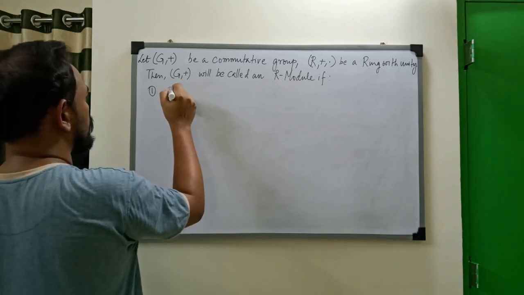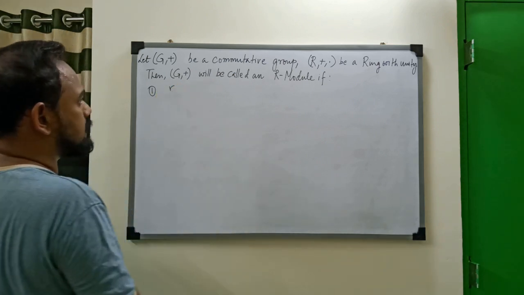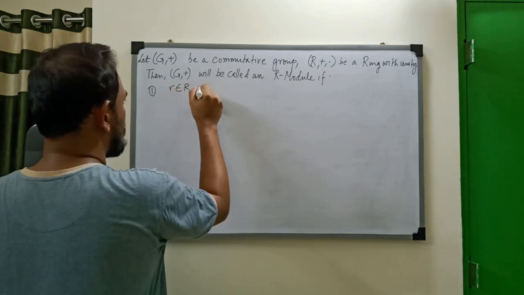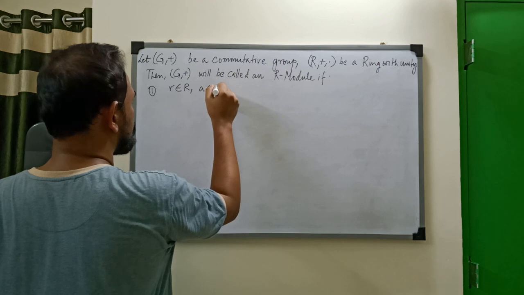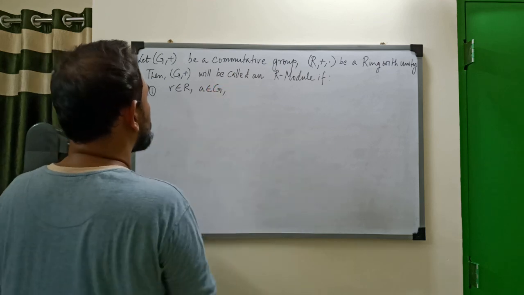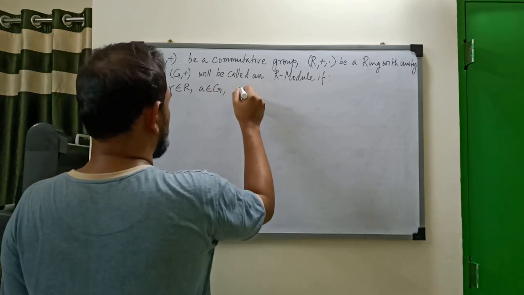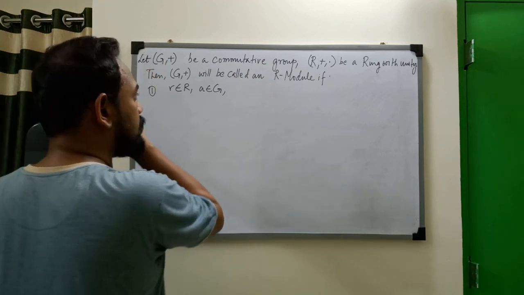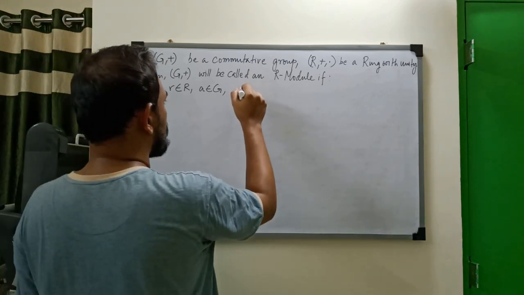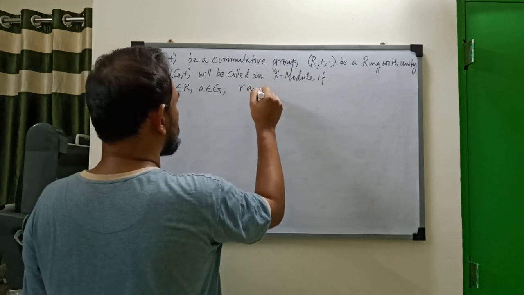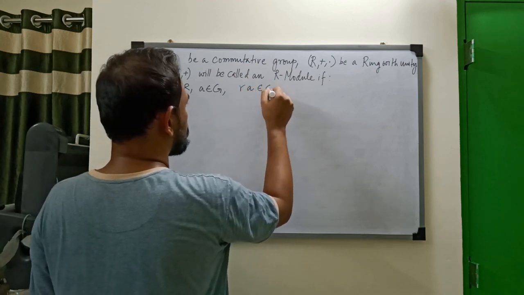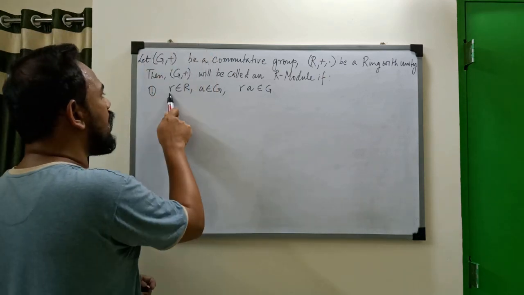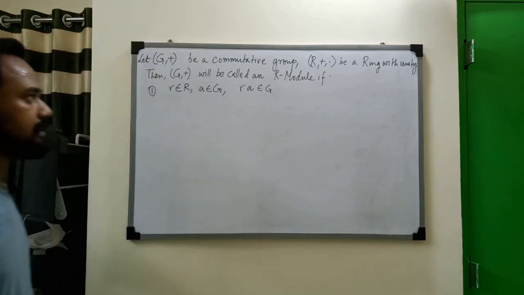So let's say I have an element small r from the ring and an element A from G, so rA must be an element of G. In other words, it is defined. I'm writing r and A together side by side.